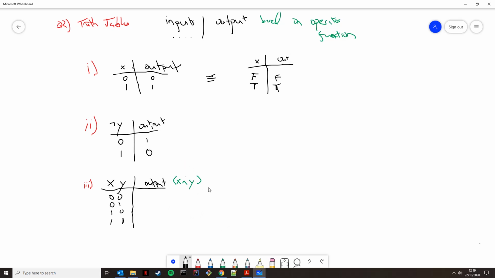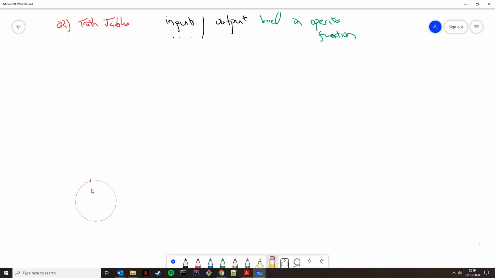X and Y is the same as X multiplied by Y. And actually this is why we like to use binary, because we can actually do this now. False multiplied by false is not really the same as 0 multiplied by 0. So 0 and 0 gives 0, 0 and 1 gives 0, 1 and 0 gives 0, 1 and 1 gives 1. That is it. Well, that's our first three questions, which we covered in the last page as well, in part 1.